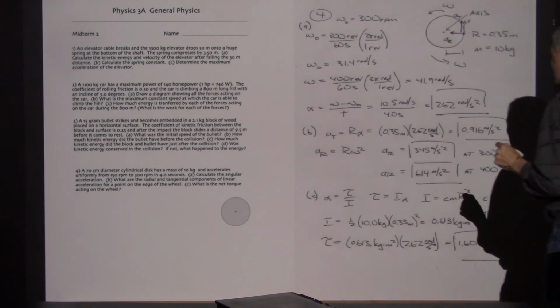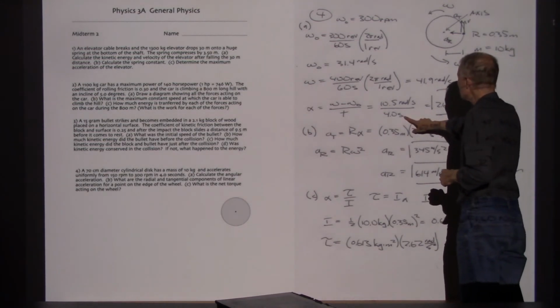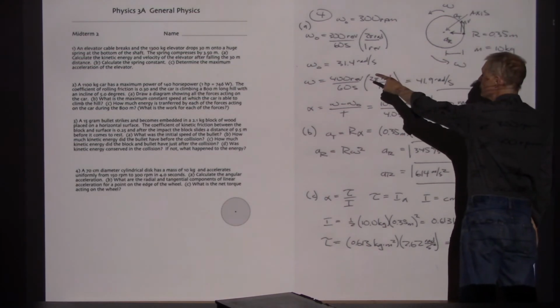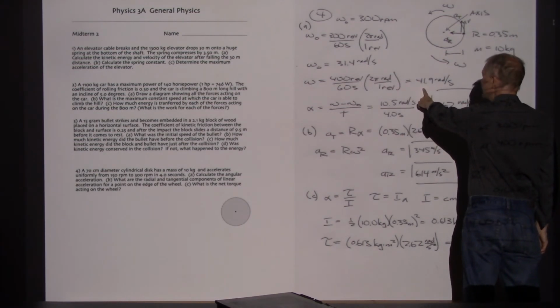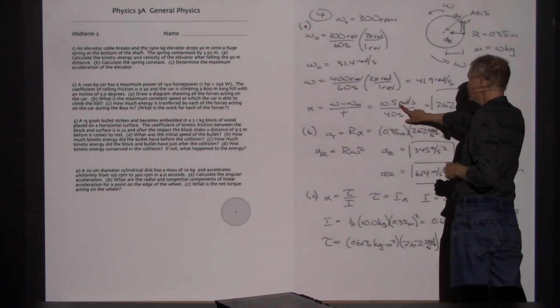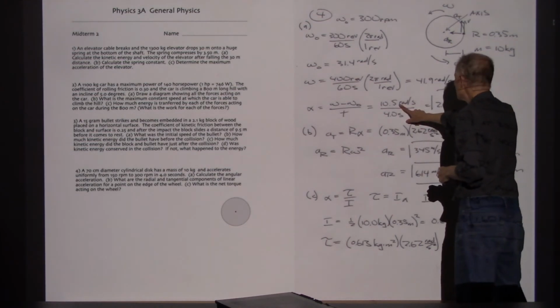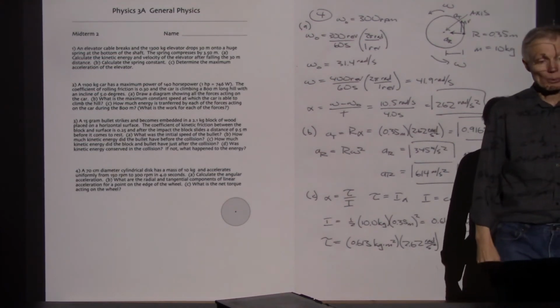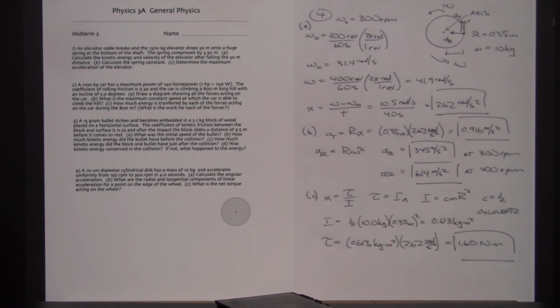During that 4-second period, the omega increased from 31.4 to 41.9. That's an increase of 10.5 radians per second, and that's giving me an angular acceleration of 2.62 radians per second squared.